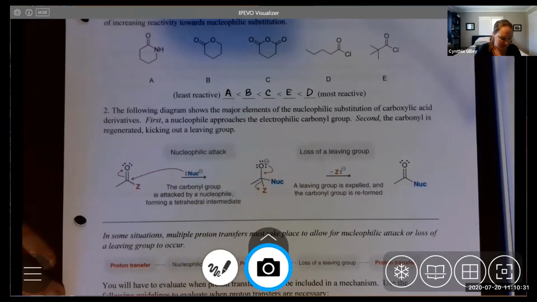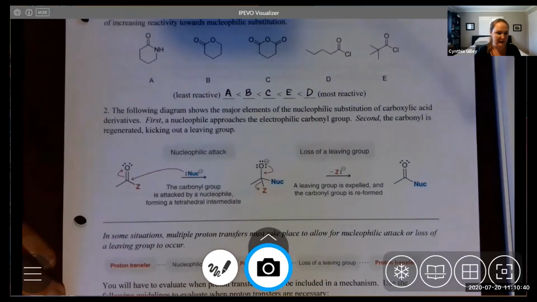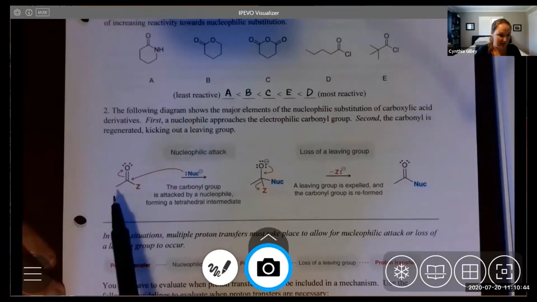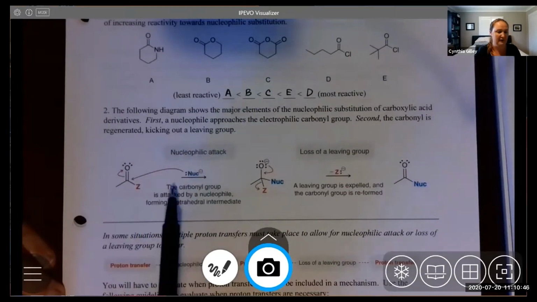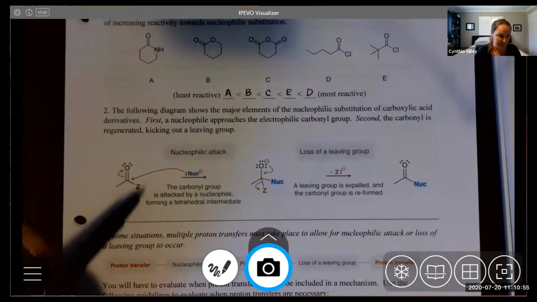If you have a strong nucleophile, then you don't need a proton transfer because it's so strong that it will overcome the activation energy as well. So at least one of these two needs to be considered strong, a strong electrophile or a strong nucleophile, for the reaction to proceed with the nucleophilic attack without a proton transfer, making this more electrophilic first.